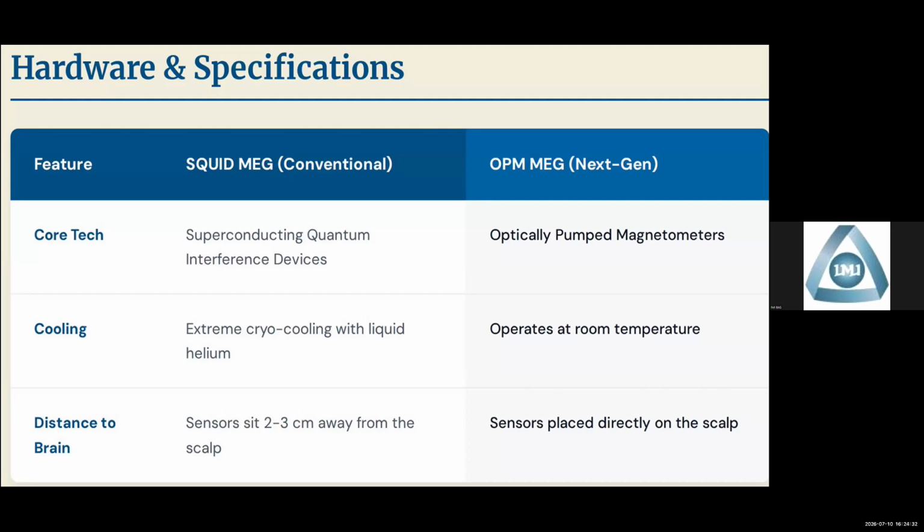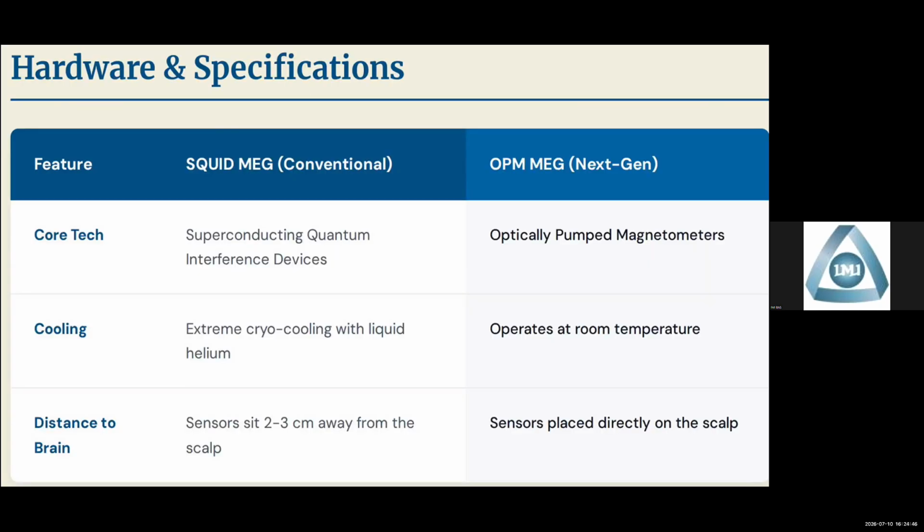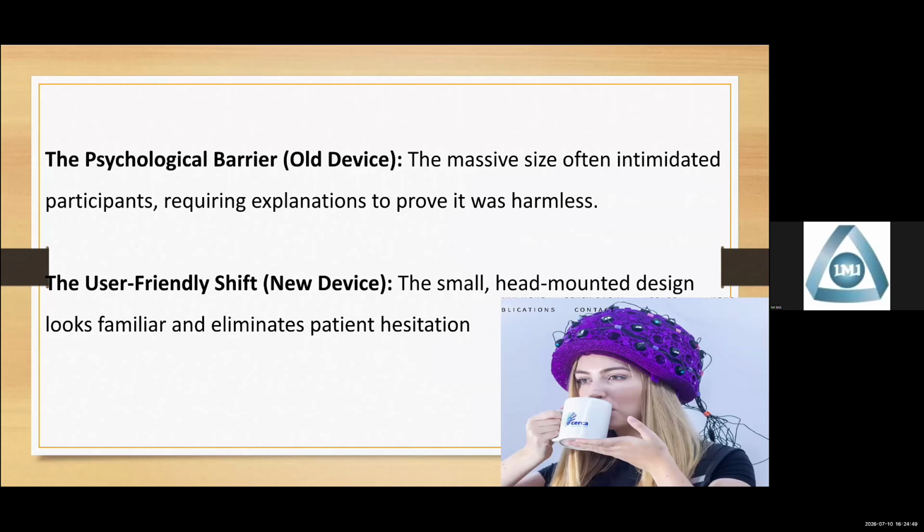Distance to brain: SQUID sensors sit 2 to 3 centimeters away from the scalp, while OPM sensors are placed directly on the scalp. We can put this sensor so it touches the scalp, and all the sensors are free moving.